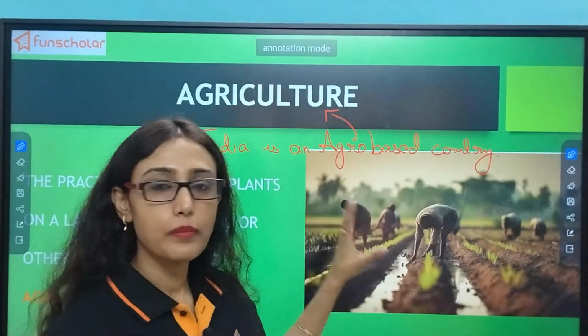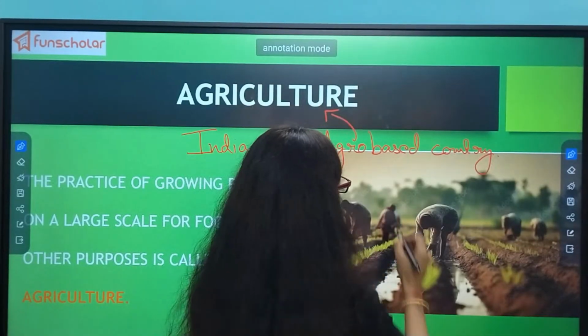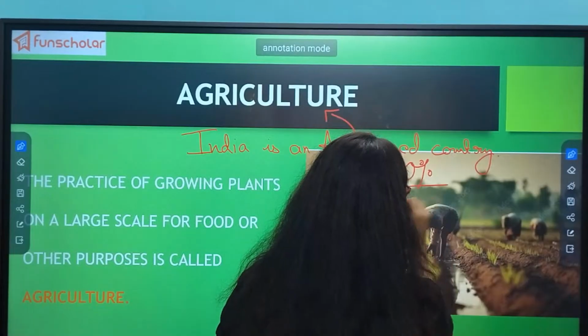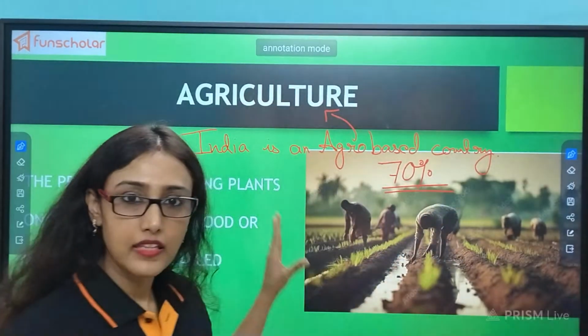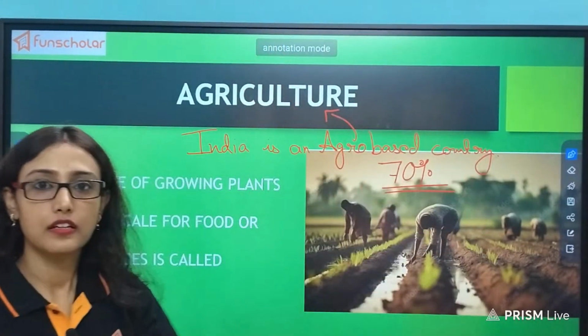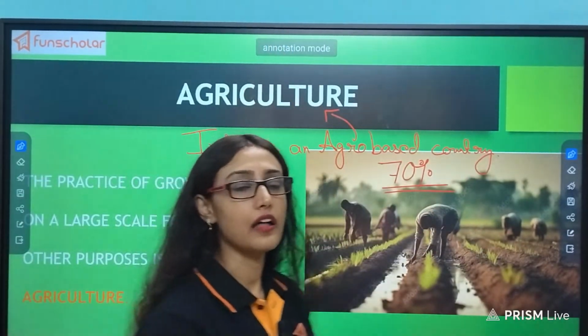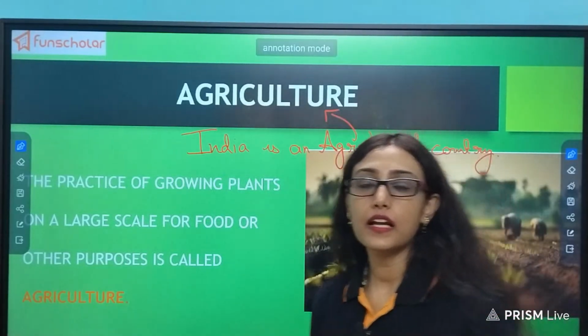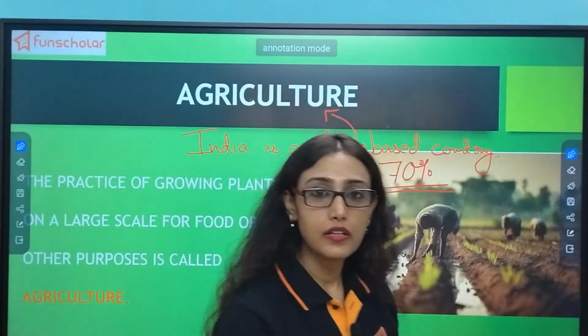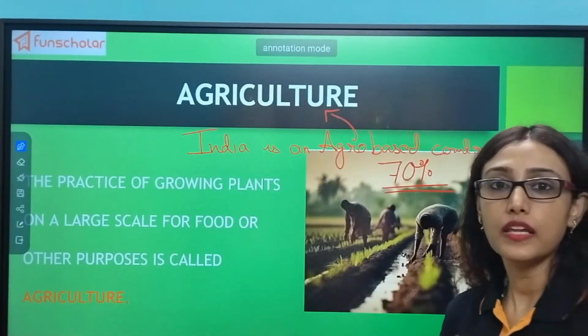So in our country, 70% of people are engaged in the process of agriculture. Rest 30% are in the other sectors. So agriculture is a large or huge sector in our developing country India.